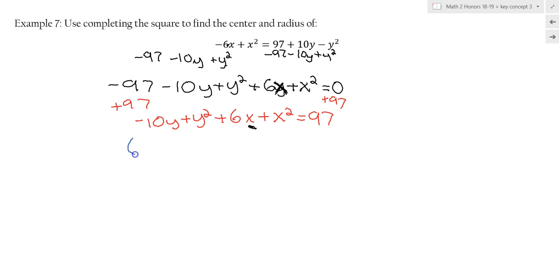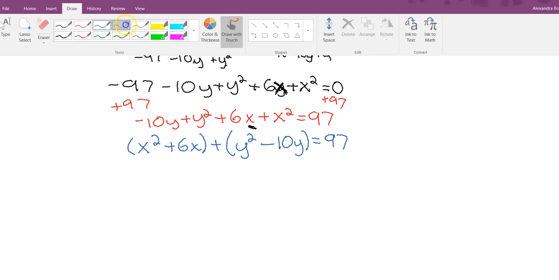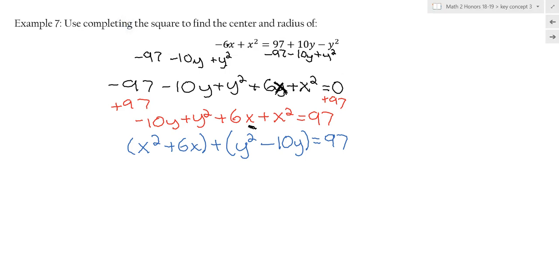Now I have to group my x's and my y's. Starting with my x's, we have x squared plus 6x. Then my y's, I have y squared and minus 10y. Now I have a positive 6 here, so that's 6 divided by 2 squared, which equals 3 squared, which equals 9.